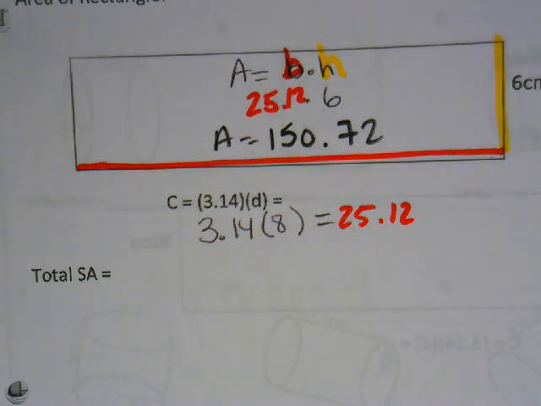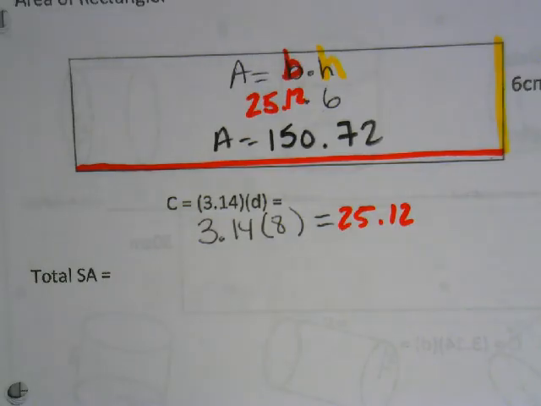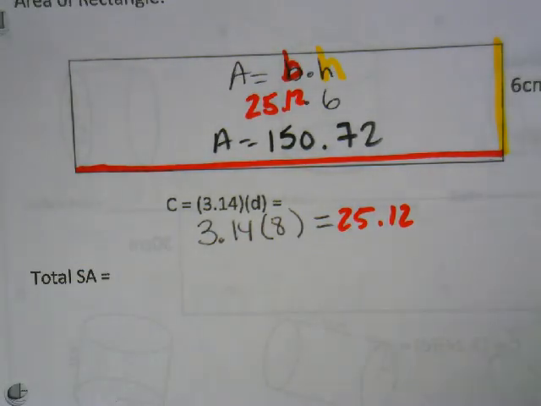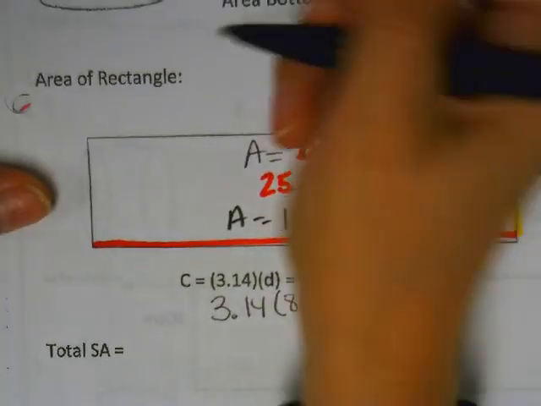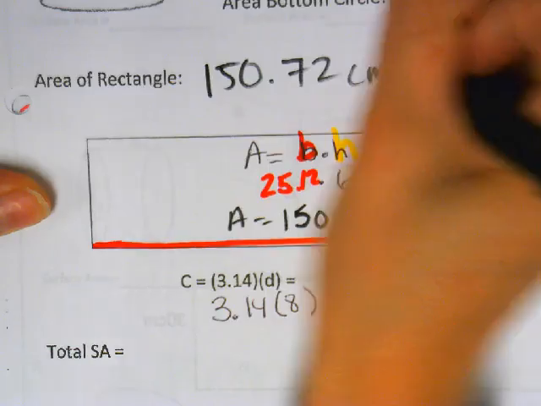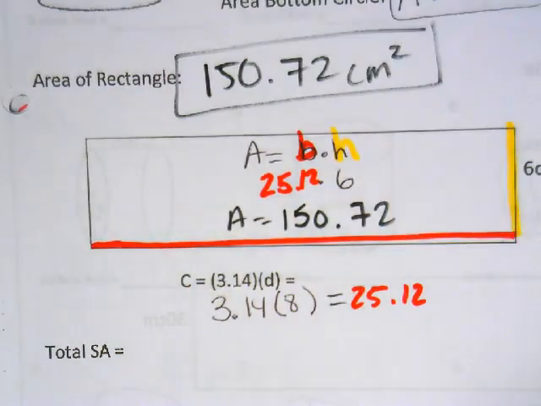So my rectangle is the red line times the yellow line. The base times the height, which is the area of your rectangle, or the area of my label. Okay, so I'm going to write that: 150.72 centimeters squared. So I have my three areas.